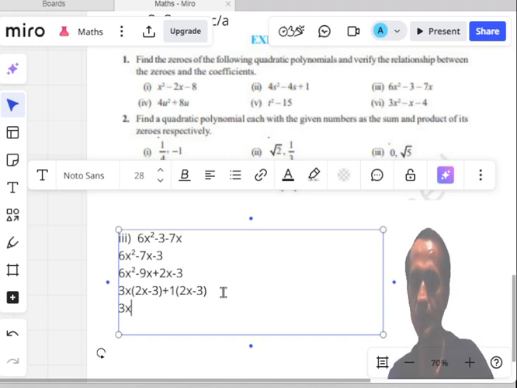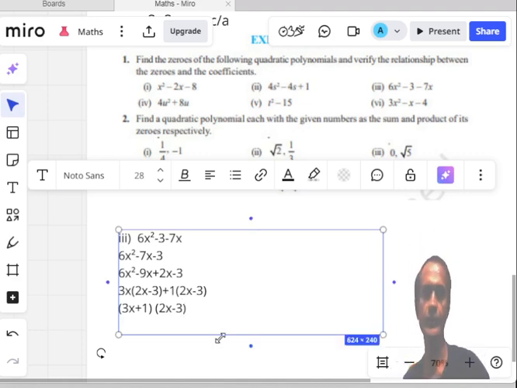So this becomes 3x plus 1. These are the factors that we have got of this quadratic equation. Now what is the zero? The value of x for which the value of the quadratic equation becomes 0.